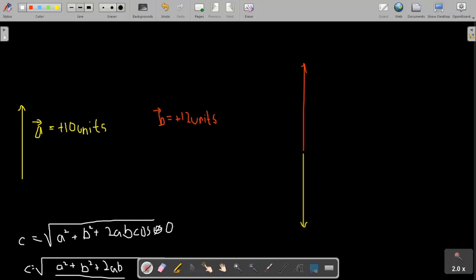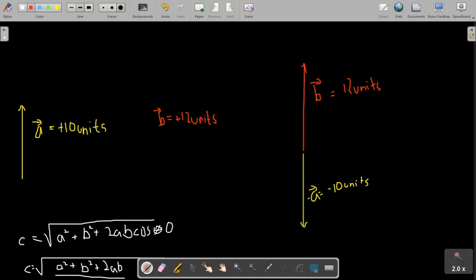Now since we have inverted the direction, we could write this as negative a, and represent this as negative 10 units. What is this vector? That is vector b, and since it is along the positive direction, we would write plus 12 units. I need not add a plus again and again here.